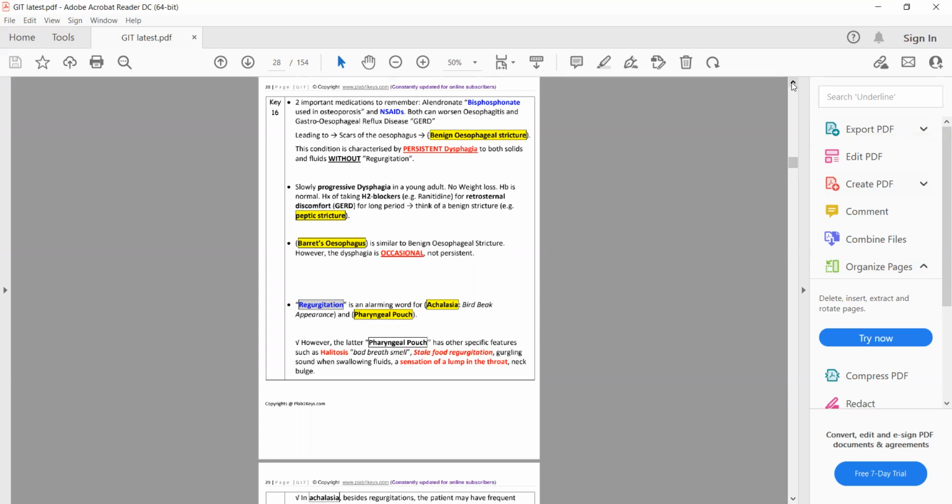So the fifth cause of dysphagia is esophageal stricture.